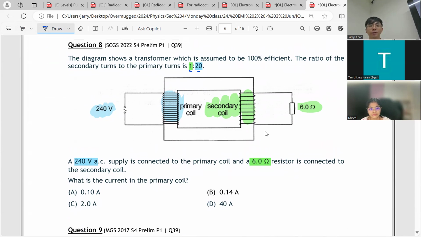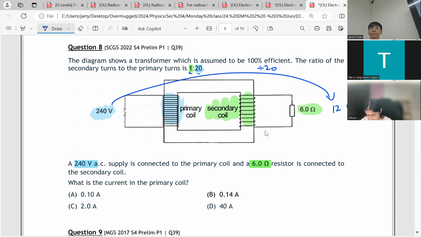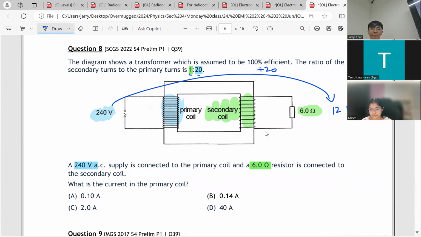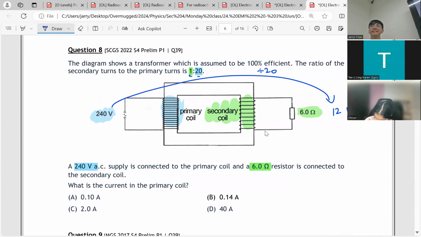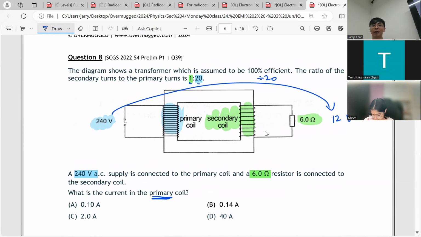So this 240, I divide by 20, and I can already get 12 volts in the secondary coil. Maybe you were not careful enough. We did a similar question in class before where we asked for the current in the primary coil, so maybe you mistook it for the secondary coil.